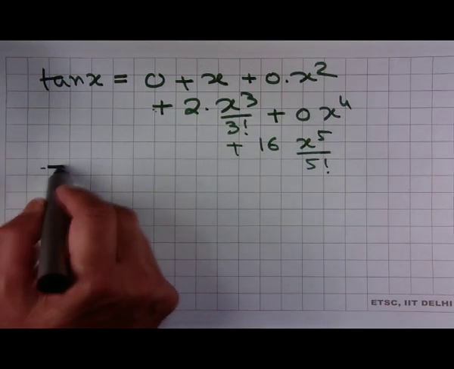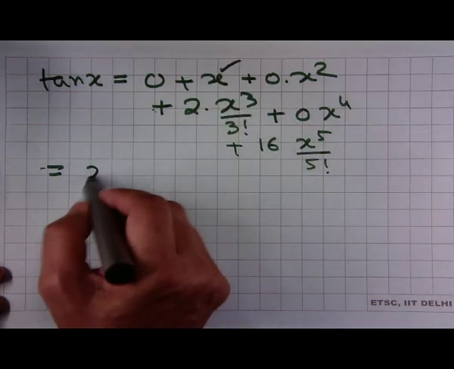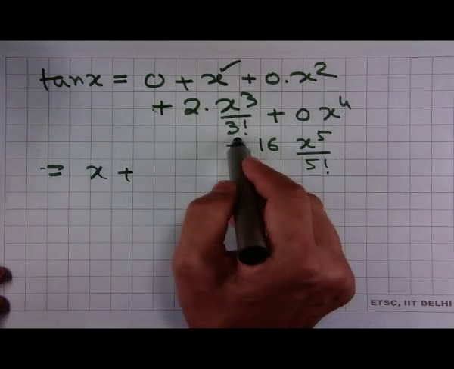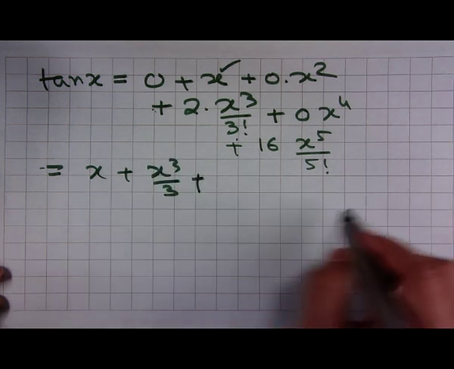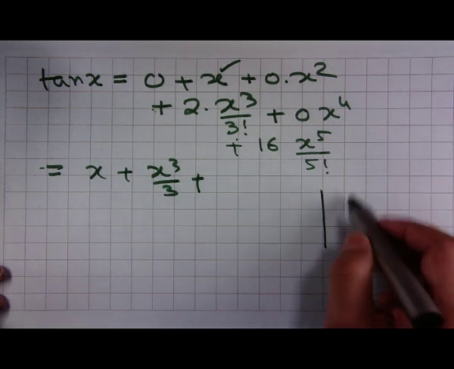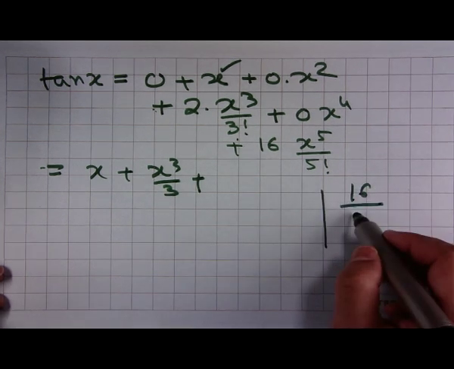Now, this is equal to x plus x cube upon 3 plus 16 upon factorial 5, where factorial 5 is equal to 120.